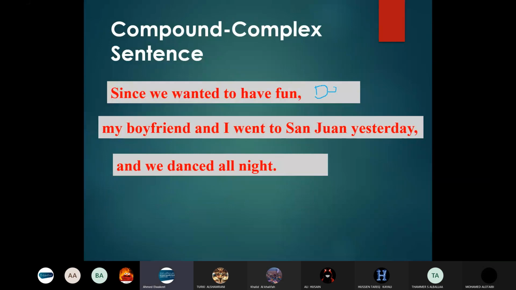That's why it's a dependent clause. It needs more information. But when I say, my boyfriend and I went to San Juan yesterday, that's an independent clause, meaning that it can stand alone. And we danced all night, another independent clause. So when you have two independent clauses along with a dependent one, that's your compound-complex sentence.